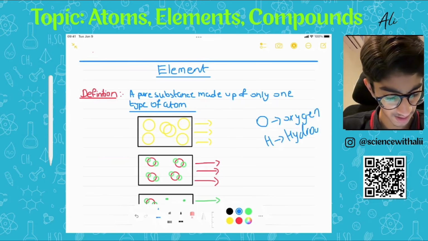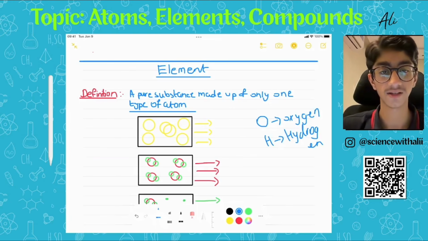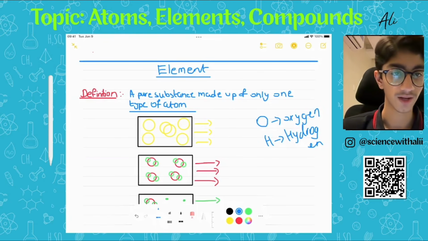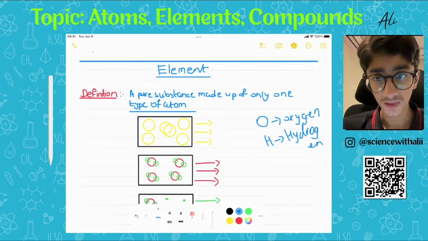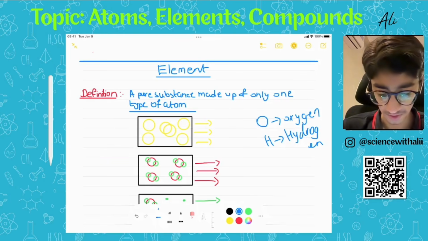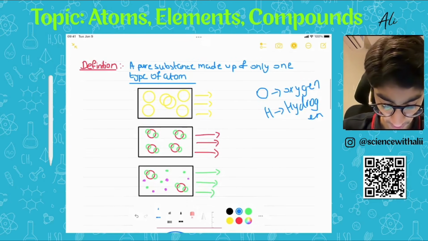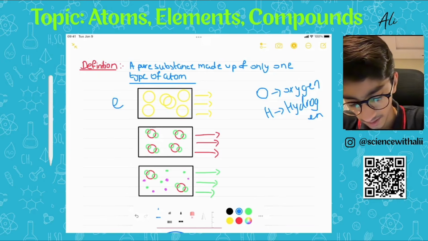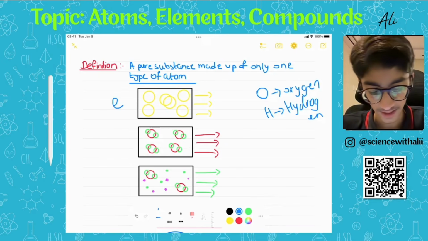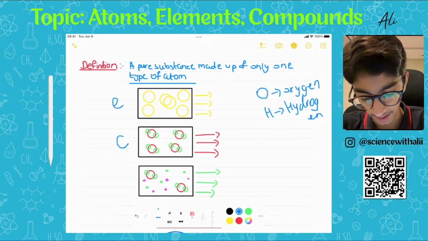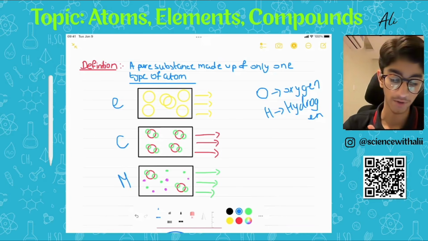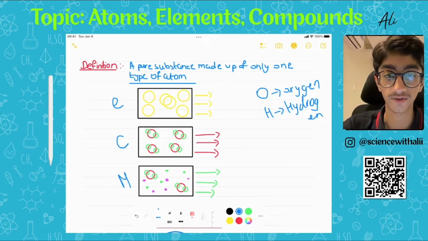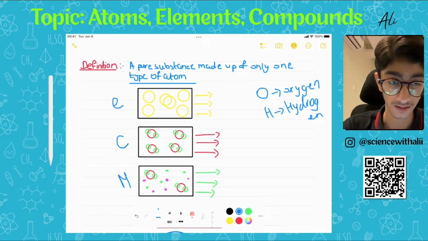This is just an example. You can find these other examples in the periodic table as well. Now there are three boxes that are drawn over here. One is for an element. I'm representing E for element, C for compound, and M for mixture. So now we're going to be discussing the various differences that are present in the three boxes.